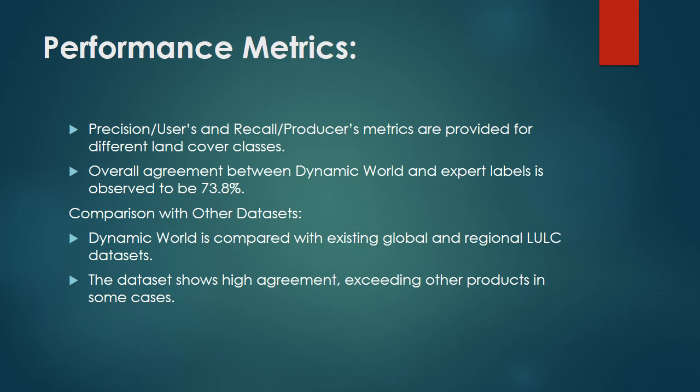Is the Dynamic World result the standard? Should we set it as the standard for what we need to achieve? Dynamic World has really met the standards, and when it is compared with the existing global and regional land use land cover datasets, it actually showed high agreement, which means that it's giving us good results, and to some extent it even exceeds the ones that are already there.